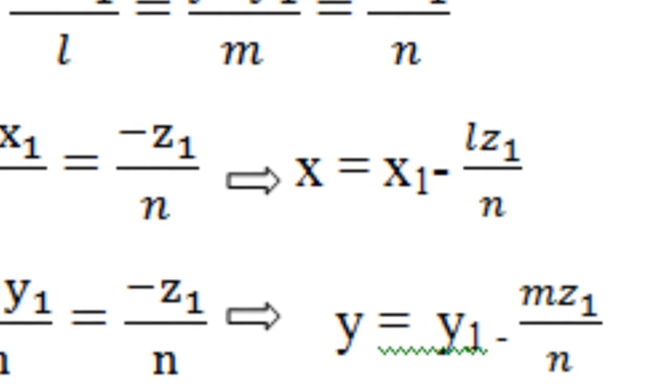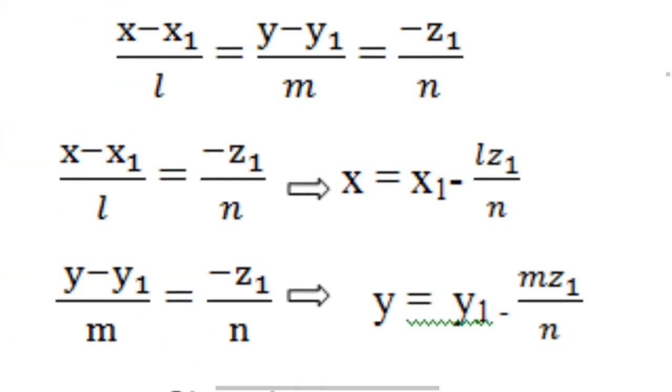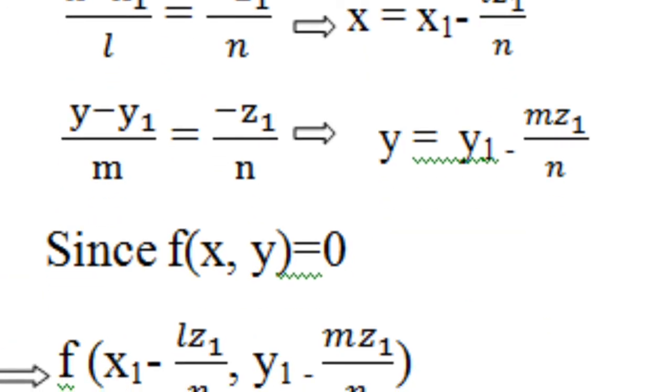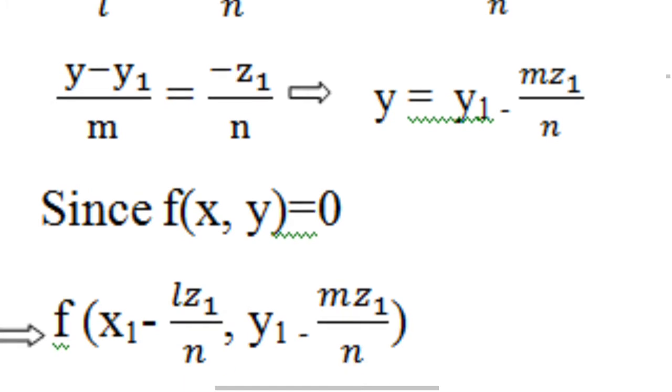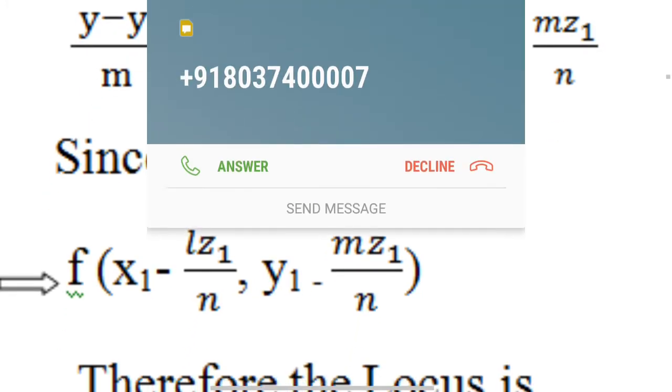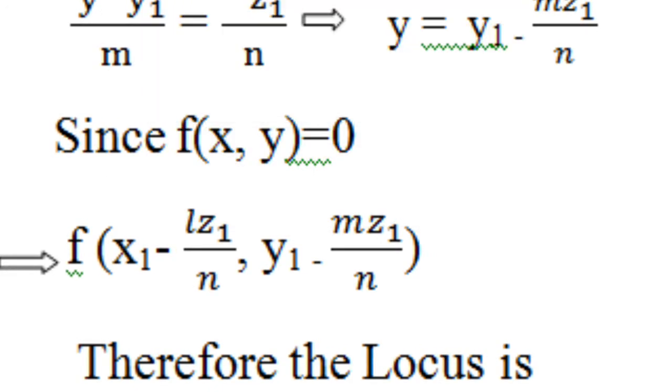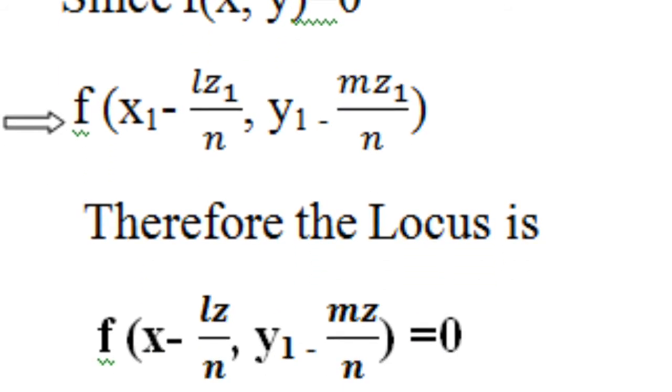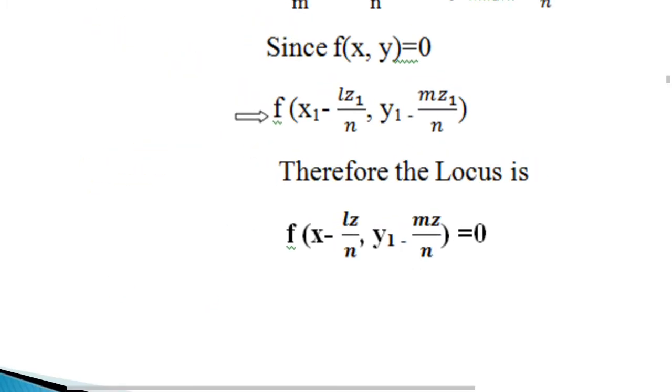Now we substitute these x and y values in f of x comma y equal to 0: in place of x write x1 minus l z1 by n, and instead of y write y1 minus m z1 by n, equal to 0. Now the locus becomes f of x minus l z by n comma y minus m z by n equal to 0. So this is the first problem.